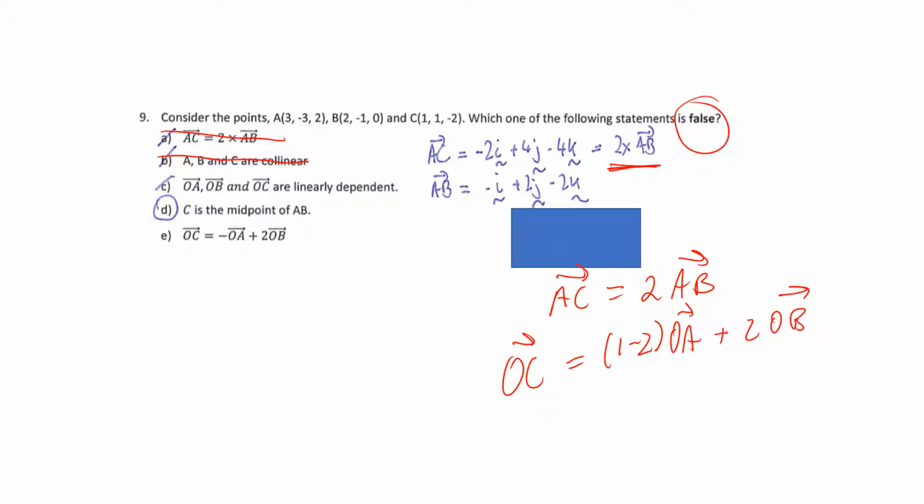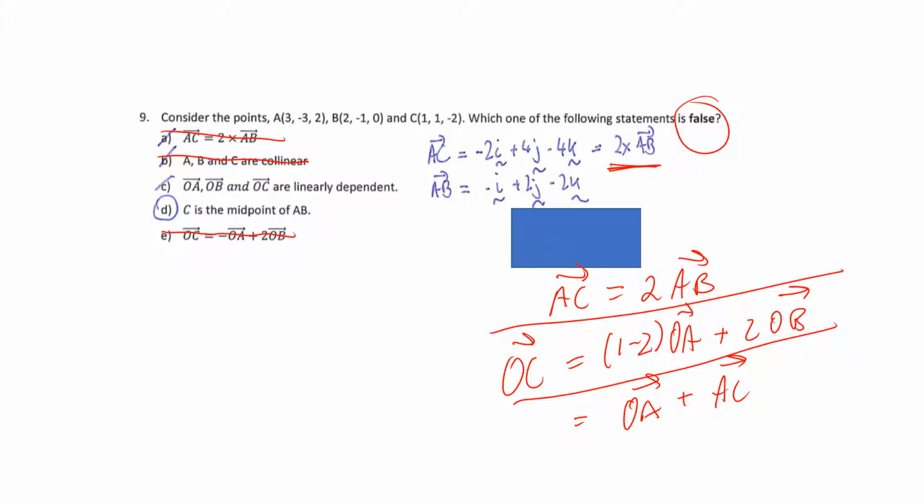Okay, and that comes directly from the collinearity property, but even if you don't remember it, that's totally fine. You can build it up as OC being equal to OA plus AC, and then you can develop the same expression. So that gives us this expression, so you can see that's true, so we eliminate it.